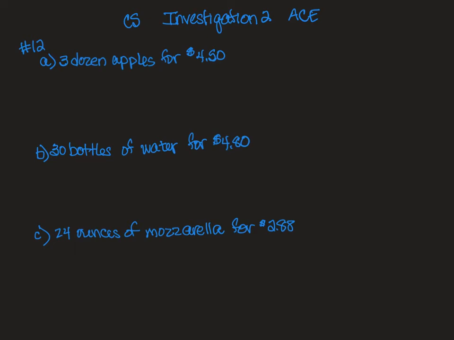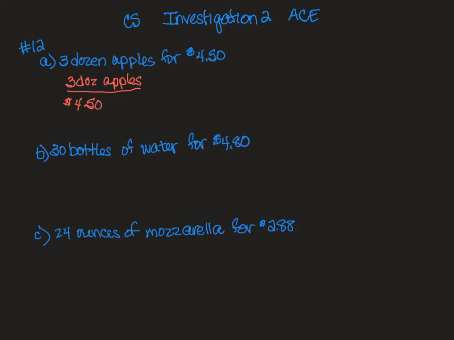Okay, we're going to look at doing number 12, and basically you're just finding the unit rate. So I'm going to rewrite the problems up and down. So here's what we have. We have 3 dozen apples, and that's for $4.50.